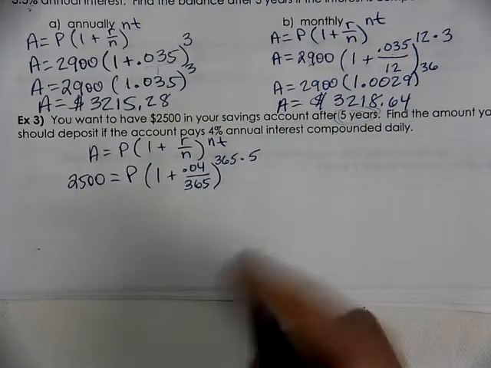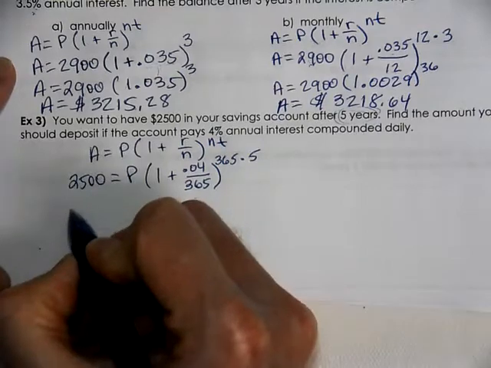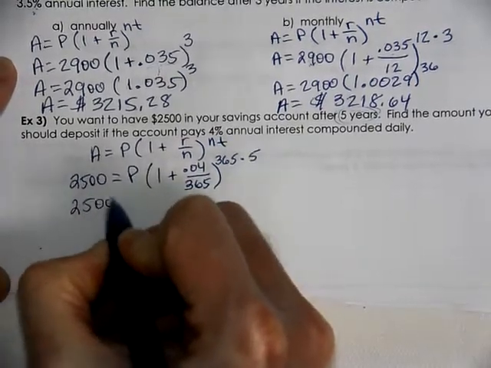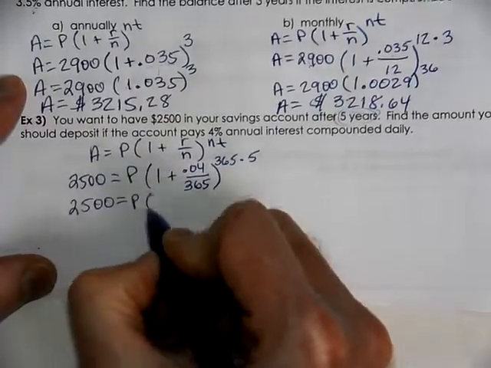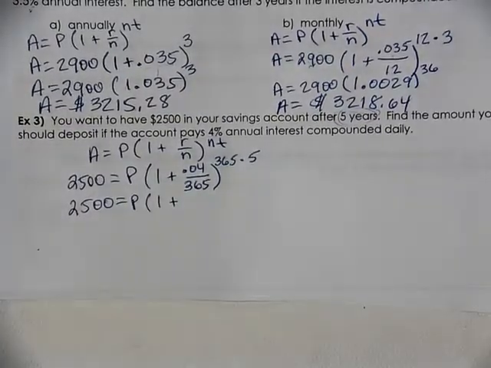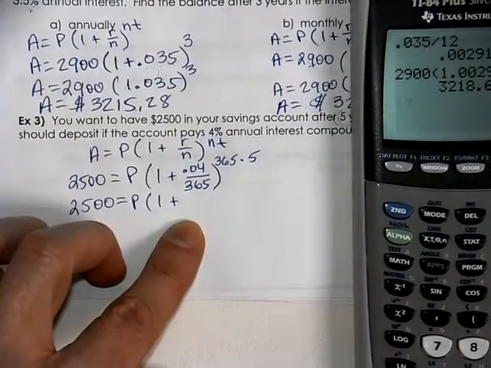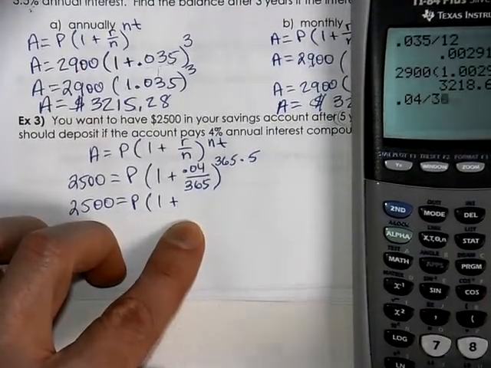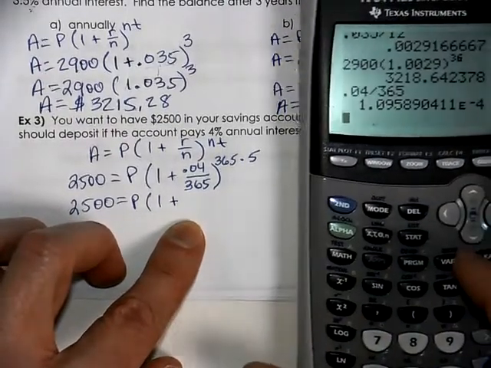So you could type this whole portion into your calculator as 1. Our 0.04 divided by 365 would give us a funny decimal.